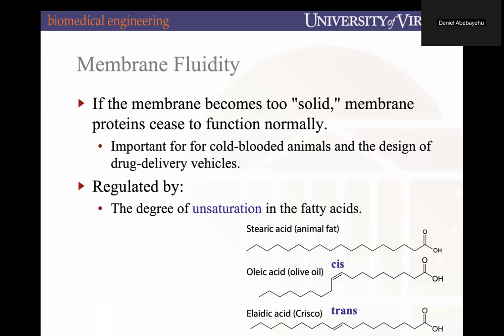We want to decrease crystallinity and introduce less order and structure by having these kinks present. And so both stearic acid and elaidic acid would not be ideal fatty acids present within our phospholipid bilayer because of the degree of crystallinity, the degree of order. We want there to be less crystallinity. We want there to be kinks that facilitate movement.